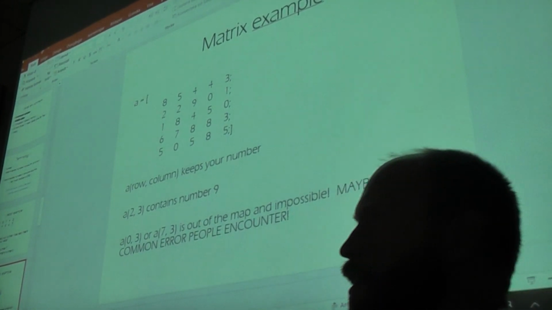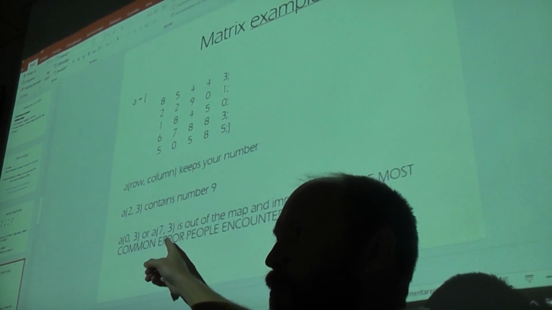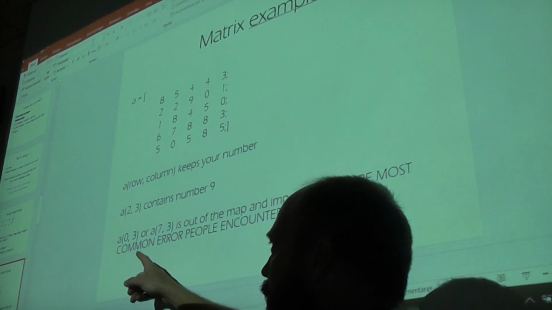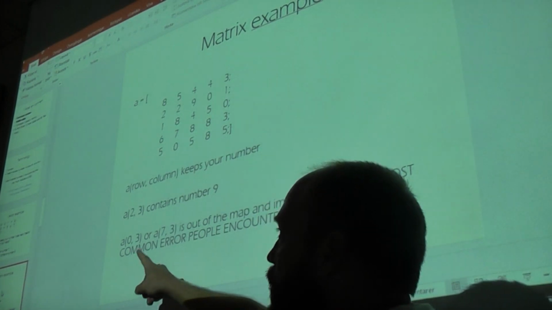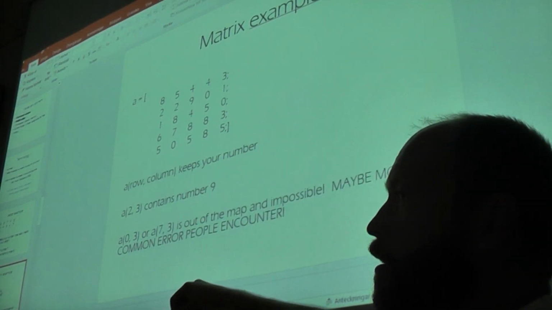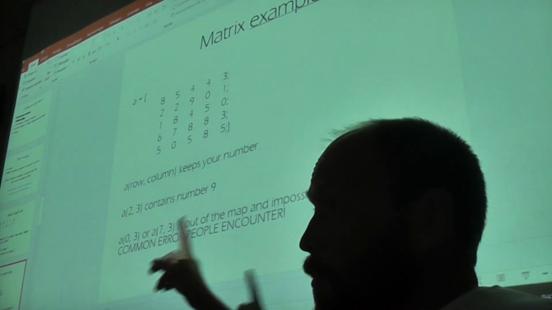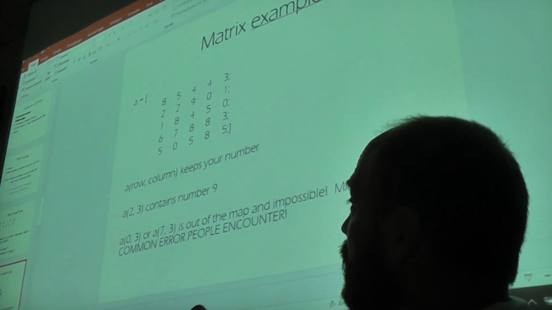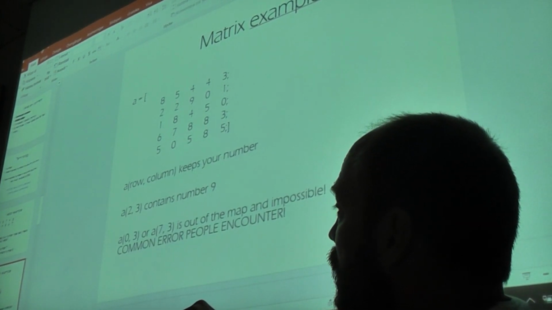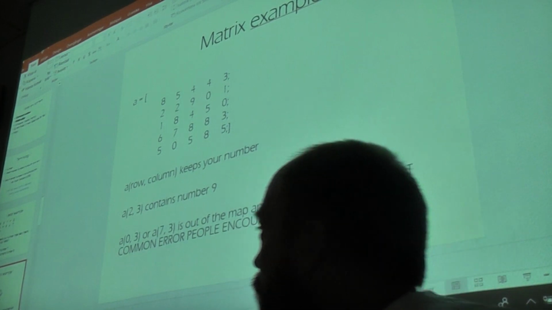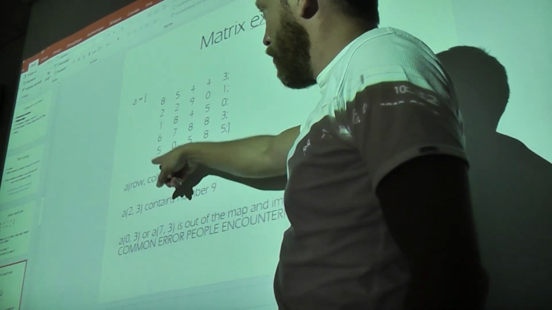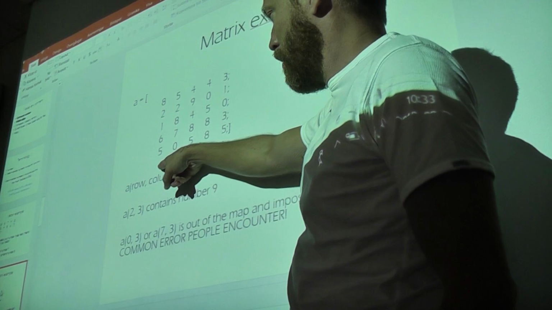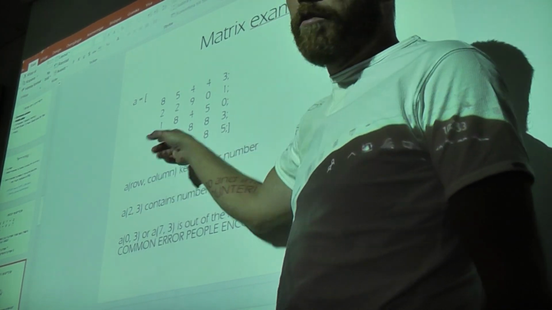Already now we will learn about what happens when you make a mistake. If you take position 0, that means you're in column 0, which doesn't exist. Or row 0 or row 7, it's outside of your matrix.